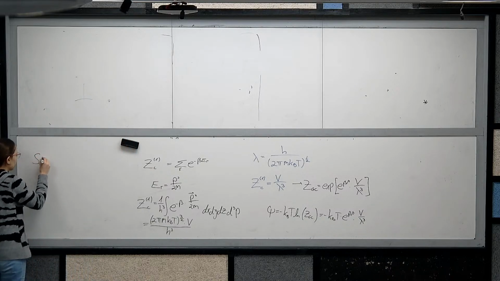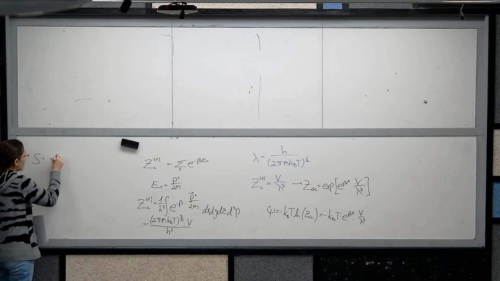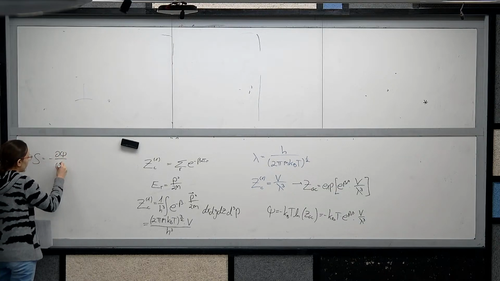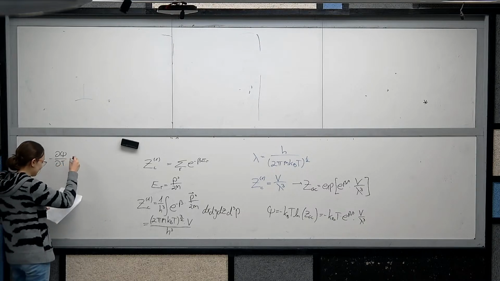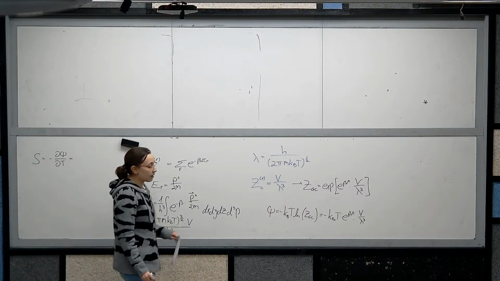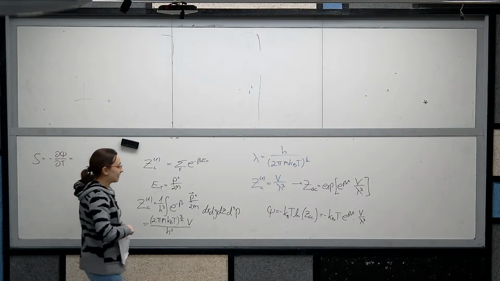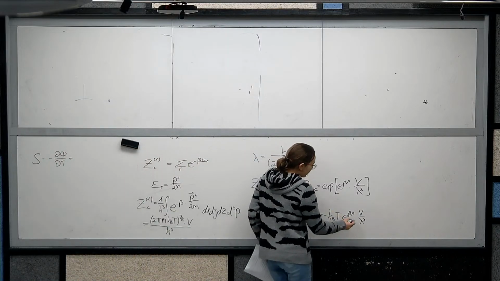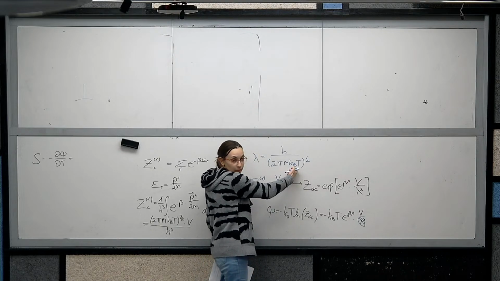So entropy equals minus the derivative of psi relative to the temperature. We need to pay attention that this lambda is also dependent on the temperature.